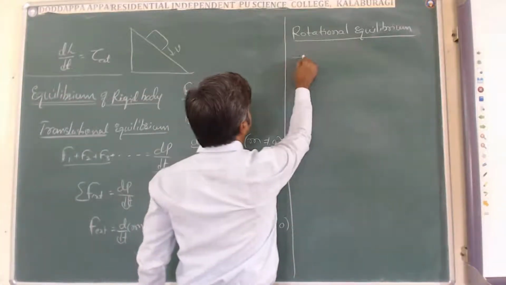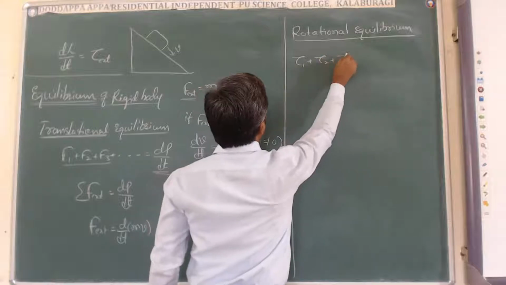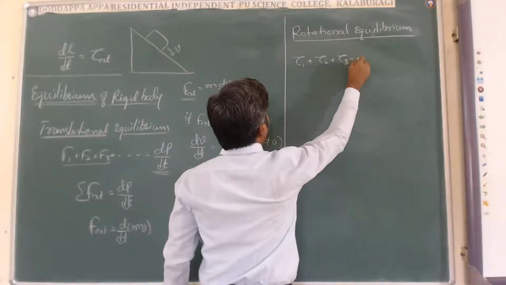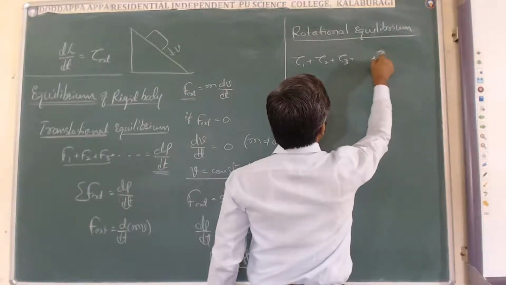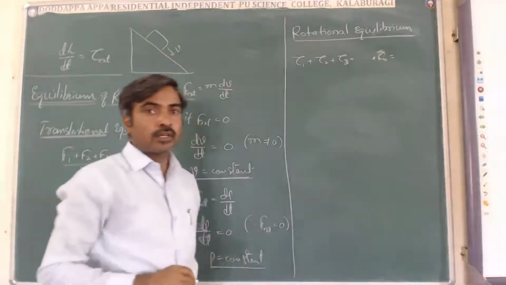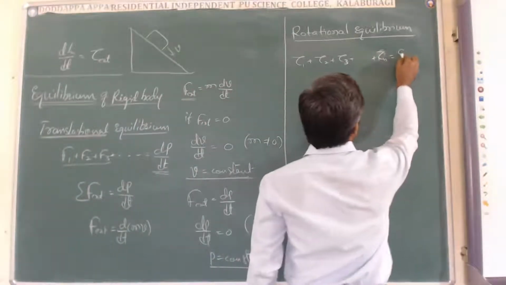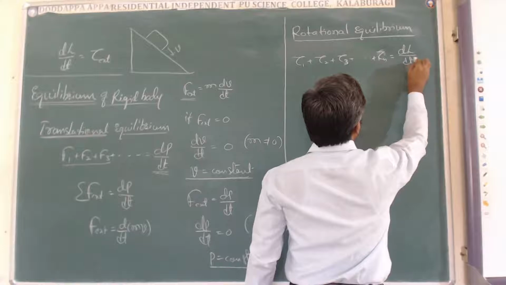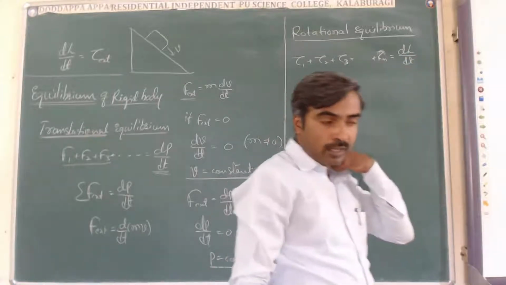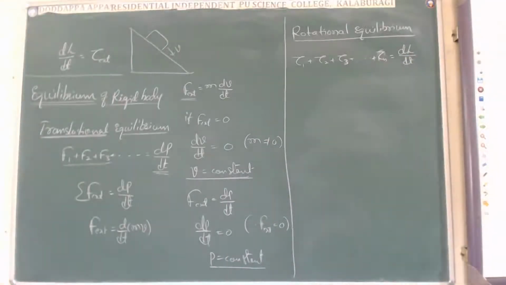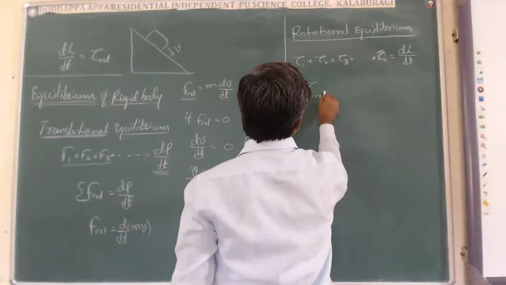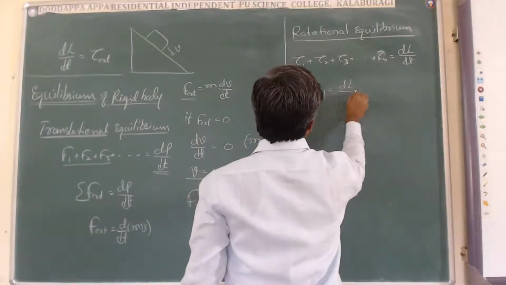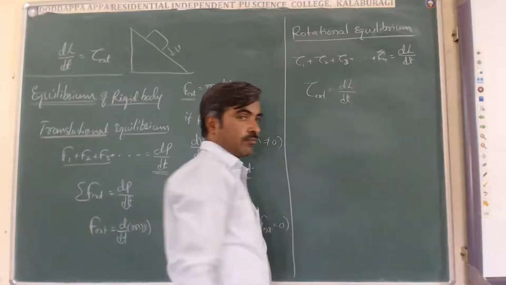So a simple concept: if there are many torques acting on the body which produce rotational motion, which is in terms of dL by dt, right? Because a torque can execute rotational motion of the body. So the total torque, when I write it, is dL by dt.